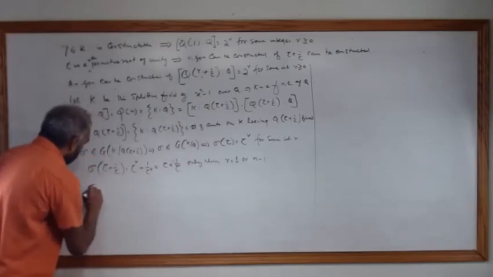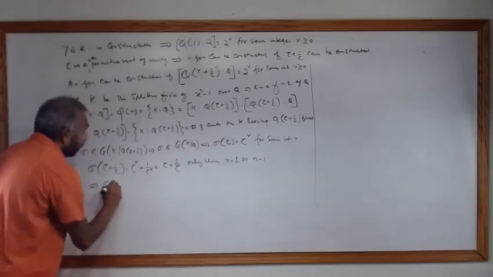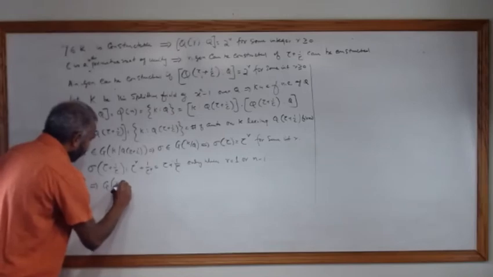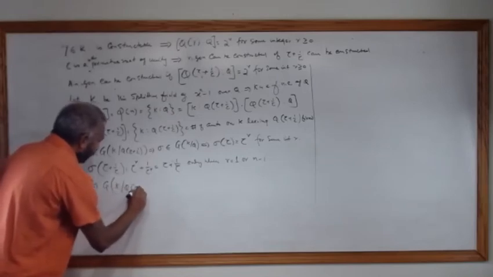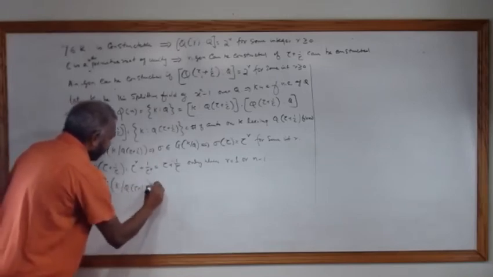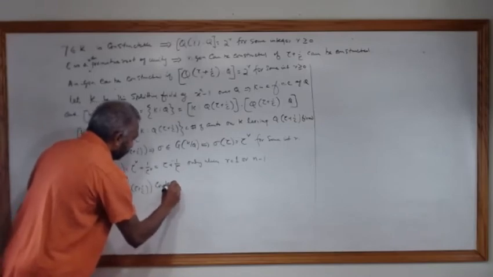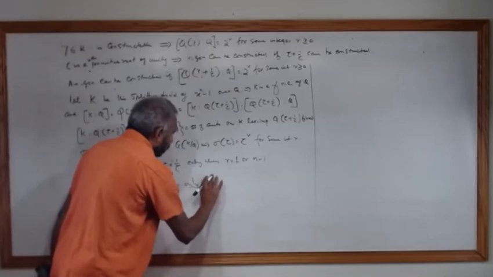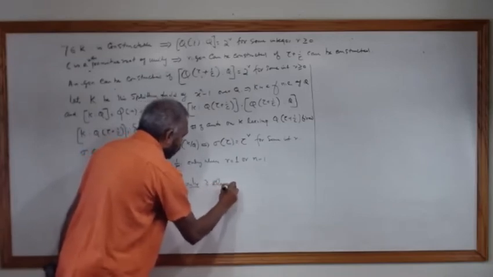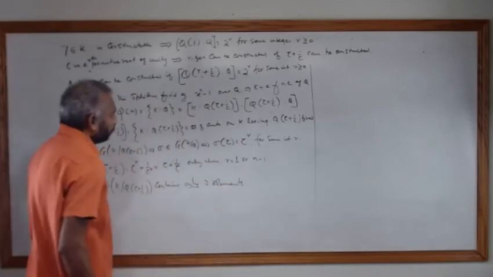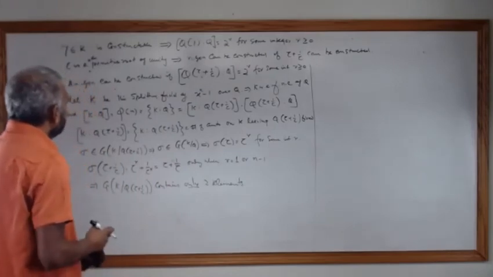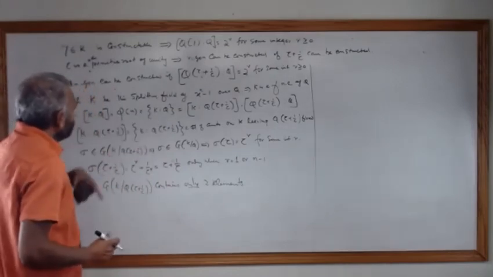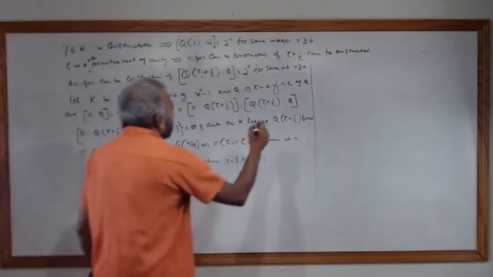So that means G of K over Q of zeta plus 1 by zeta contains only two elements. Now we'll substitute here. This is equation number 1.